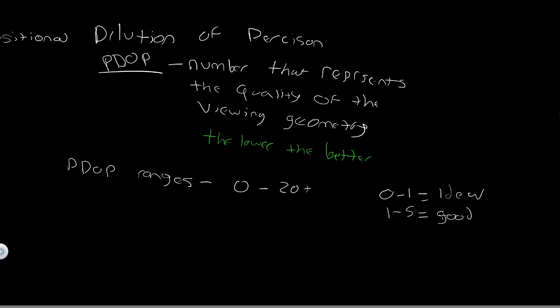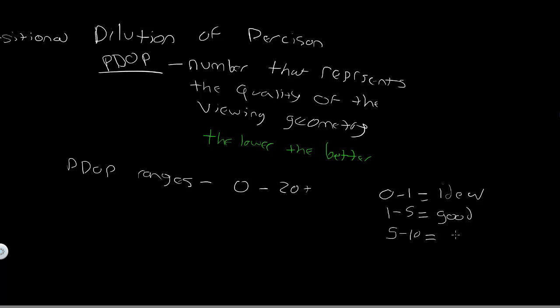You might often try to set your thresholds and filters to under 5 if you're really concerned about accuracy, because you're probably not going to get between 0 and 1 that often. You would have a hard time continually having that. 1 to 5 you can get pretty reasonably. If you're in a poor area where you have a lot of buildings or trees, or you aren't as concerned about being really accurate, you could go from 5 to 10.